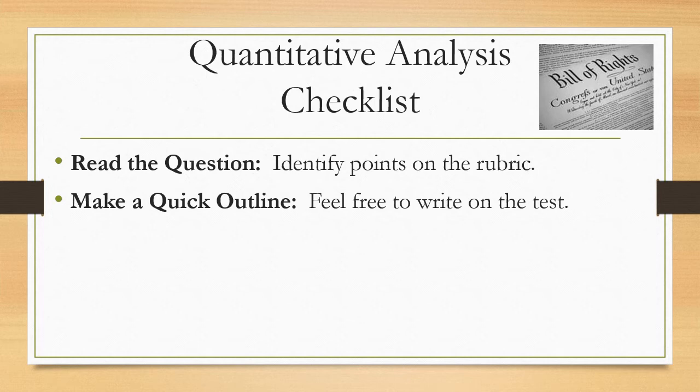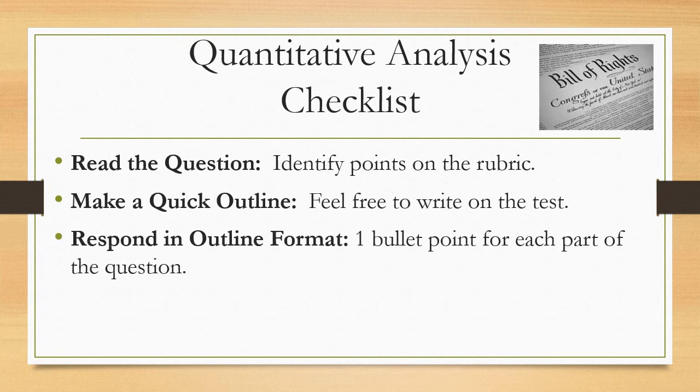Taking a few minutes to settle your thoughts on how you're going to answer the question, to identify a few key vocabulary terms or the point you want to make in a quick outline will really help you. Now on the actual AP test, feel free to write right on the test, and whenever I give you a hard copy of an FRQ to answer, feel free to write right on it when you make your quick outline.